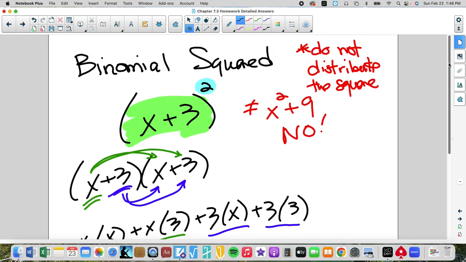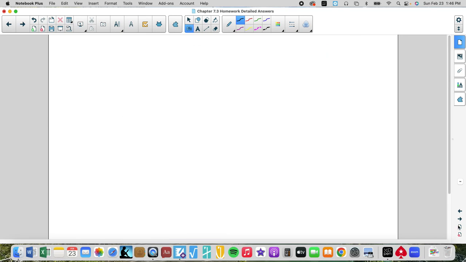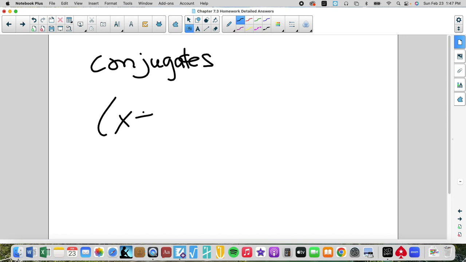So that is the solution to a binomial square. That's the first thing we're going to learn about, binomial squares. And then the other one is what we call conjugates. And conjugates, again, are special. They're special because you're going to get something like this, x plus 4, x minus 4.